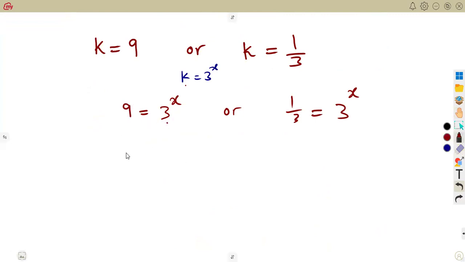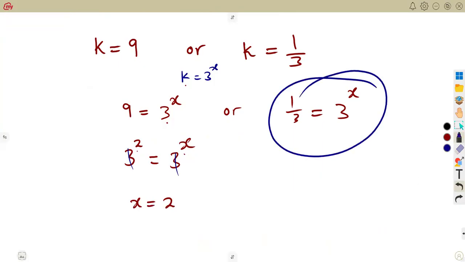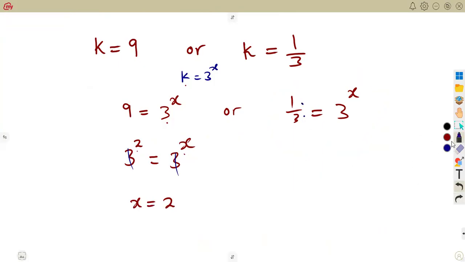9 in the base of 3 is 3 to the exponent of 2, which is equal to 3 to the exponent of x. As we can see, the bases are the same, so x will be equal to 2. From this part, we have 1 over 3. Remember, 1 over 3 is the same as 3 to the exponent of negative 1, equal to 3 to the exponent of x.